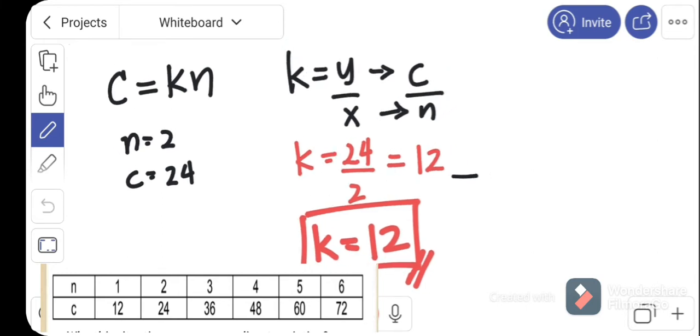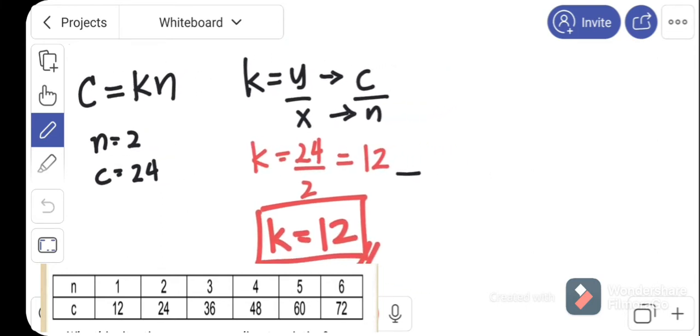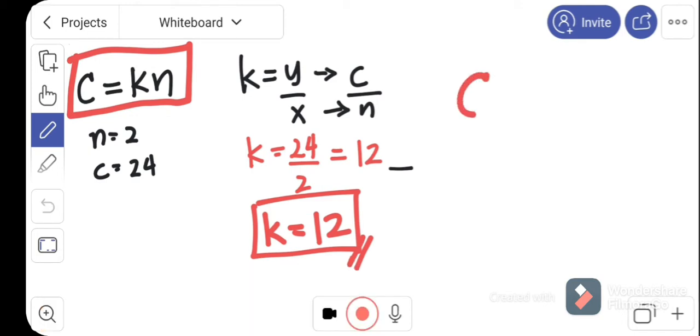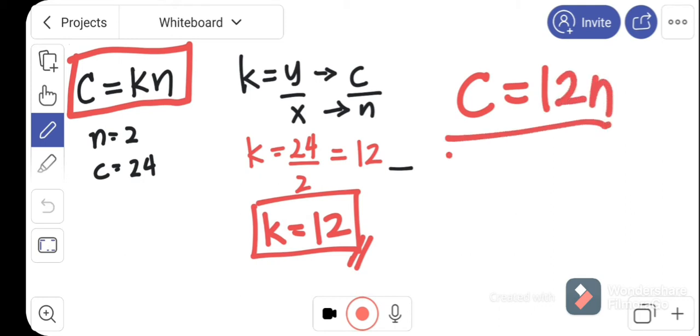Since we already have the constant of variation, we will change the value of our constant from our initial mathematical statement. So, this time, we will have c is equal to 12n. This is the equation of the given table of values.